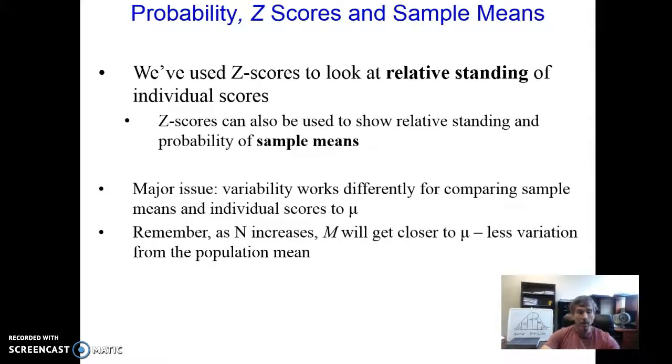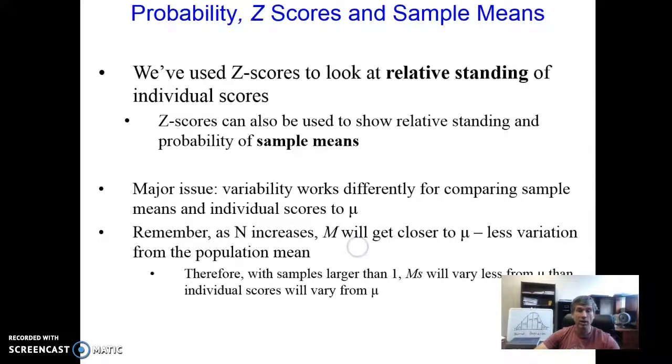Basically, by thinking about it in the opposite direction, if we have every score, then our estimates are perfect. If we're only missing a couple scores, our estimates will only be off by a little bit. The more people you lose from the population, the more erratic and volatile those scores get. So long story short, you measure more people, your sample means become more accurate. There's less variation there.